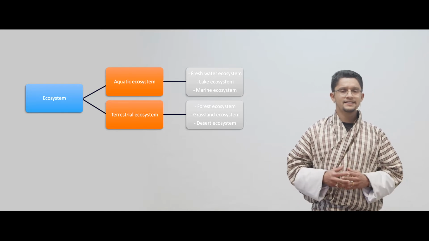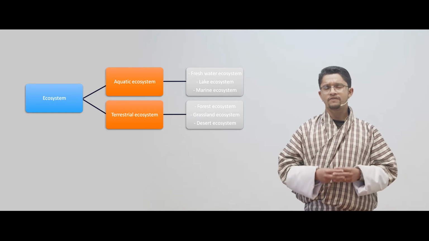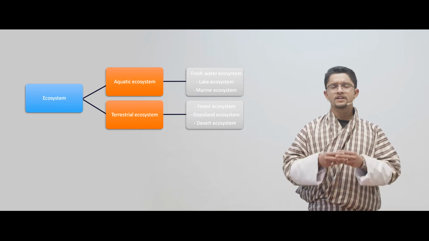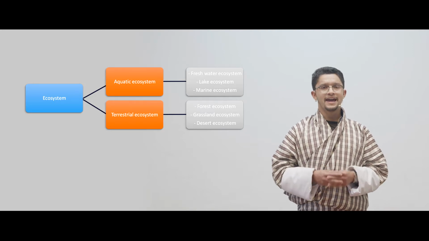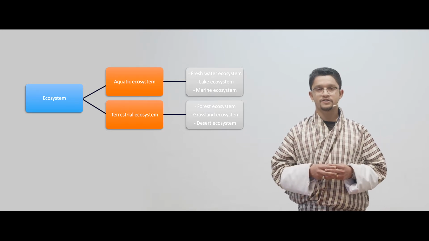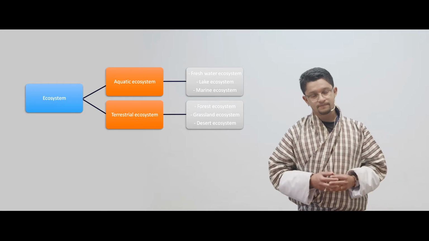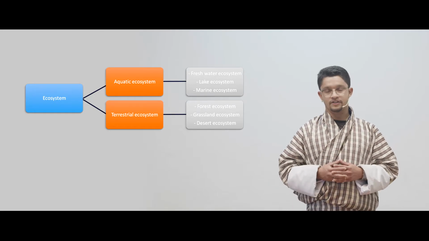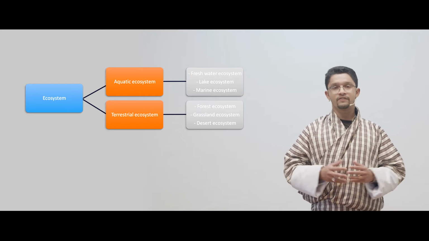Now to further consider, let us look at some of the ecosystems in Bhutan. We know Bhutan has a huge amount of area covered by forest. So in Bhutan, the ecosystems are dominated by forest, which means we have a large portion of our area covered by forest ecosystem.